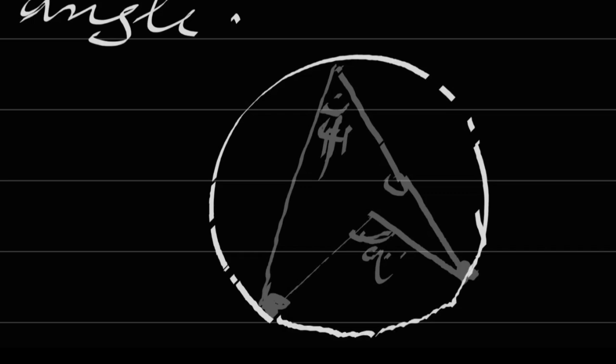So we have a circle here, and then we have our straight lines. Here are our lines here. So let's say this is the center here.